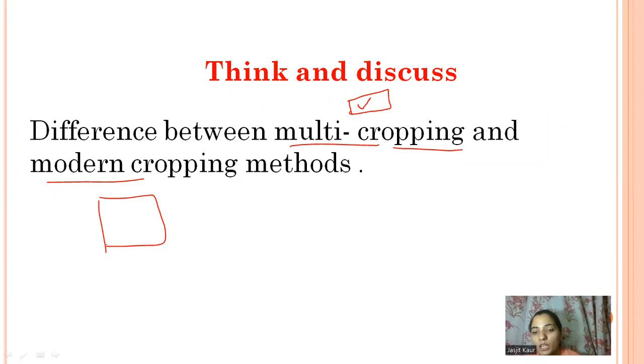In multi-cropping, we are growing multiple crops, but we can use the traditional method of irrigation and the traditional way of agriculture. But in modern cropping, we can grow one crop only, but we are using modern technology here. So this is the basic difference between multi-cropping and modern cropping.